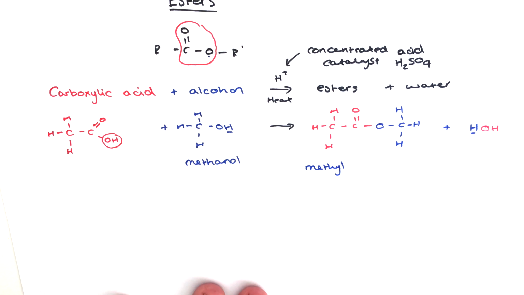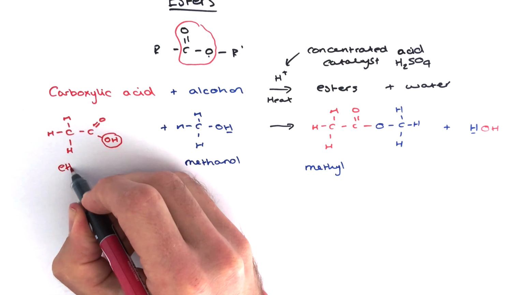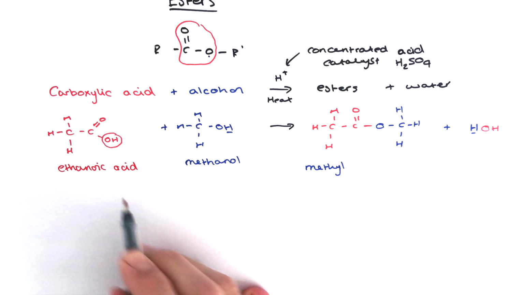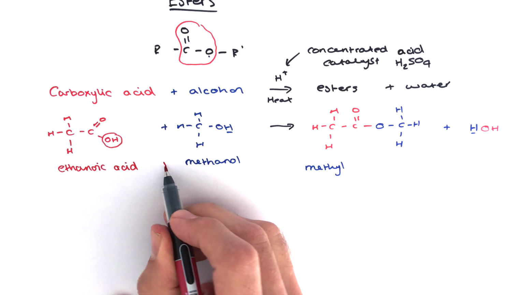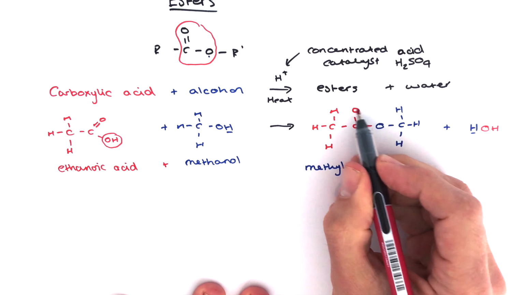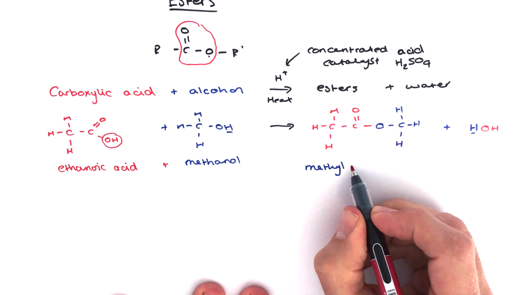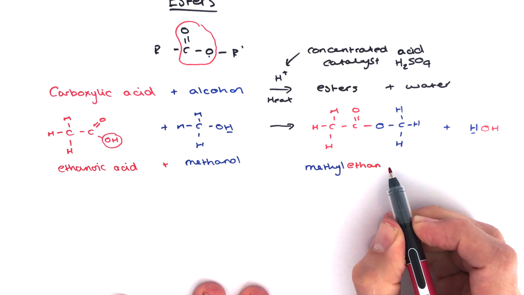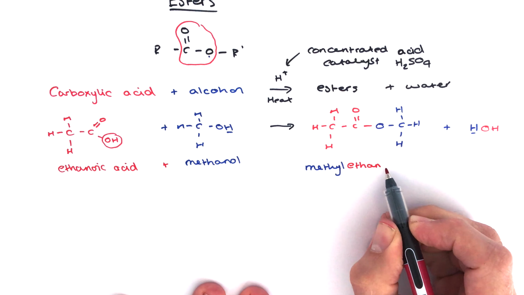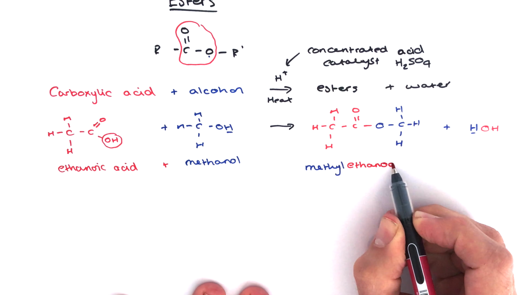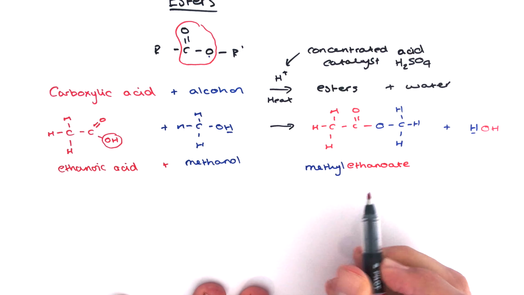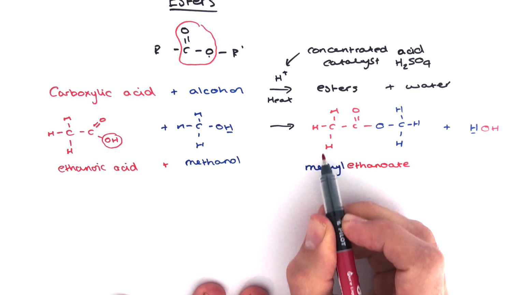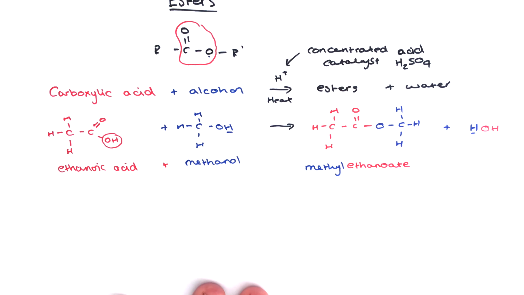Now the other part came from ethanoic acid. So this bit's an ethanoic acid. So this part is ethan for two carbons. Now the end of a name, the suffix, for an ester is oate. So methyl for CH3 here, ethanoate for that part of the ester.